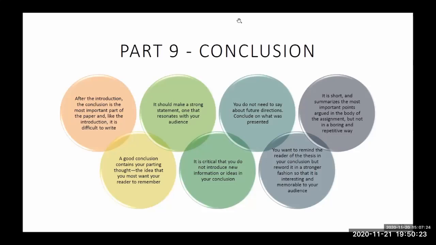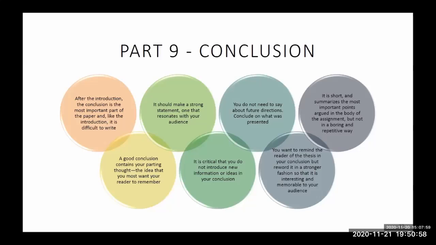And also we see that by having this future direction section, the author tries to say what he is going to do next. But this is not important to the reader, what the author is trying to do in the next phase. So I think it is good to conclude with what was presented. It should be very concise, summarized and arguable. You need to develop the correct scientific argument that you want to make.